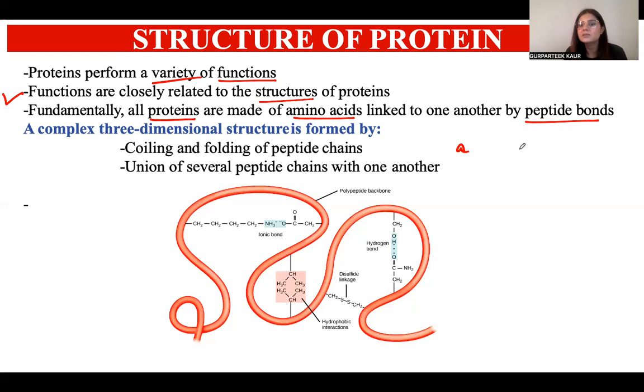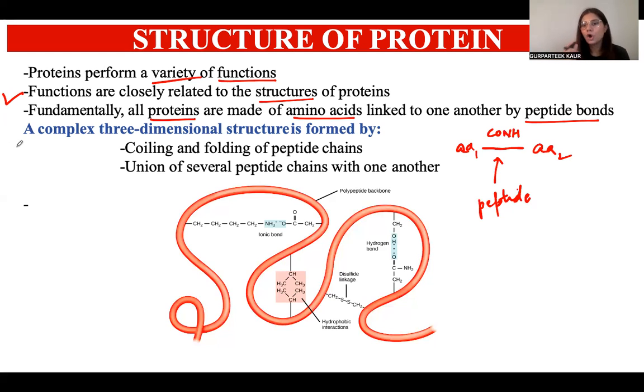For example, if this is amino acid number 1 and this is amino acid number 2, both of these will be connected to each other via a CONH bond, and this CONH bond is nothing but the peptide bond. So all these amino acids link together to form long chains of peptides, long chains of proteins. Now, after they have made long chains, there is the next level of structural organization that decides what kind of shape it is going to acquire. And that is what we have to look into in this lecture.